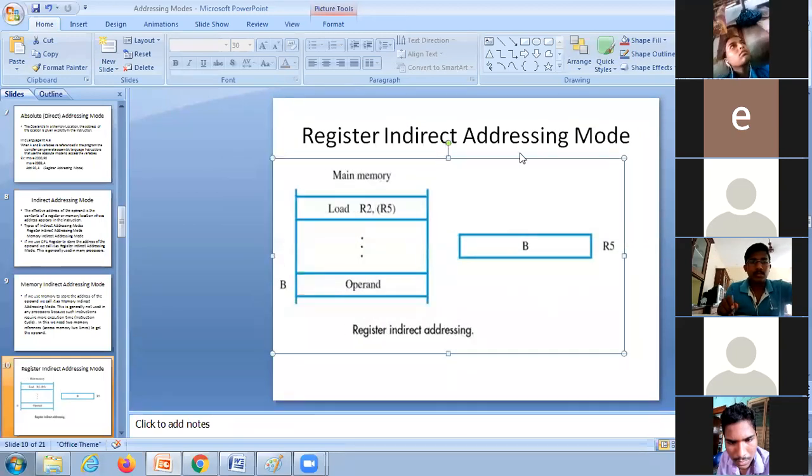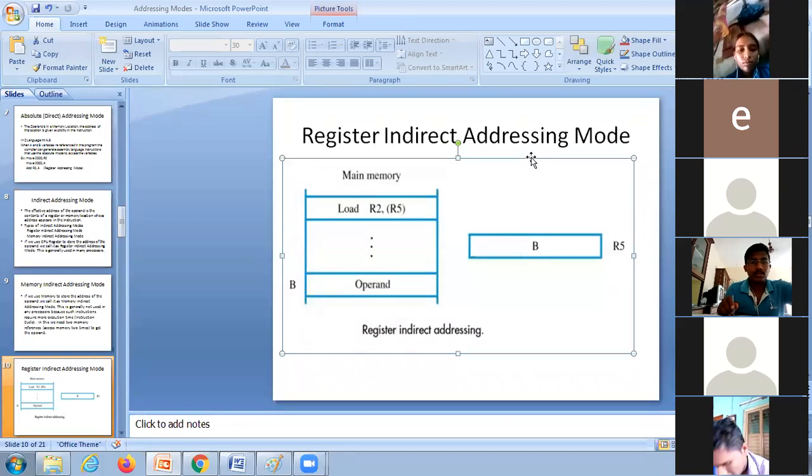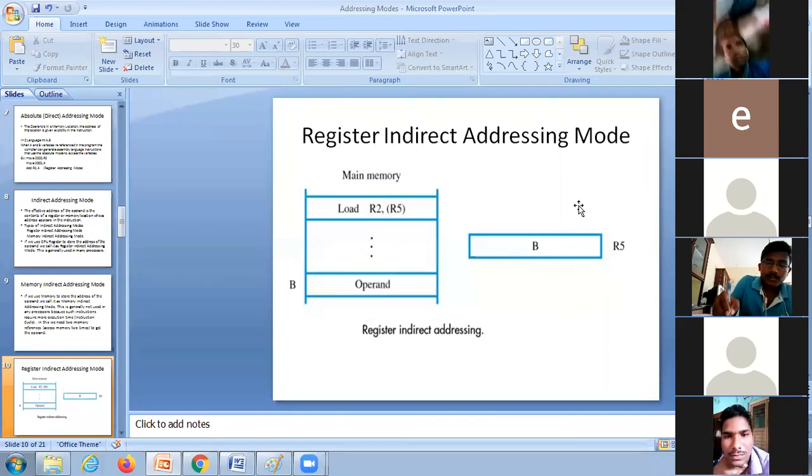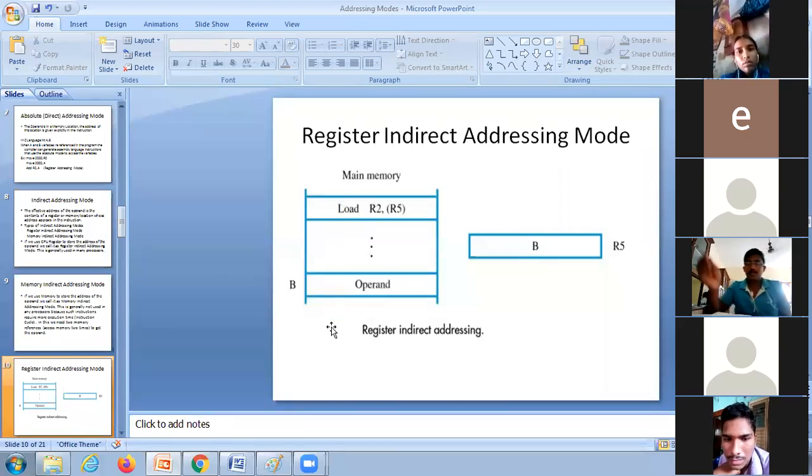Here, all of you see. This is the main memory. This is the CPU registers. In the main memory, there are so many locations.